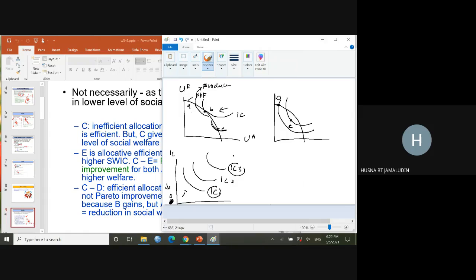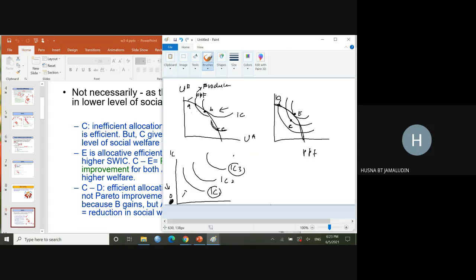Remember, if you want an efficient point, everything should be on the PPF. D is efficient, but if you have another point here, E, even though D is efficient, E will have a higher utility compared to D. So people will prefer E, because the indifference curve for E is higher. A higher indifference curve means higher utility.